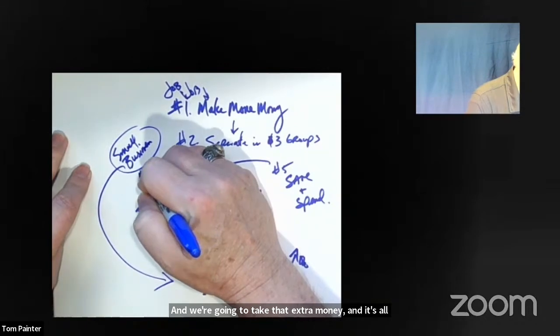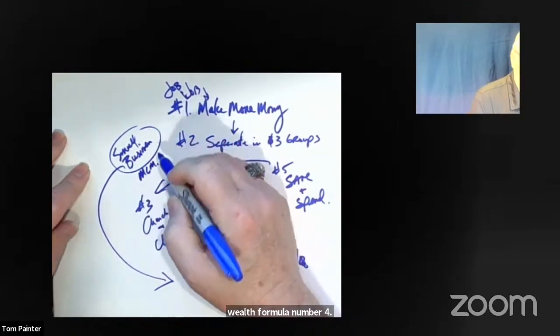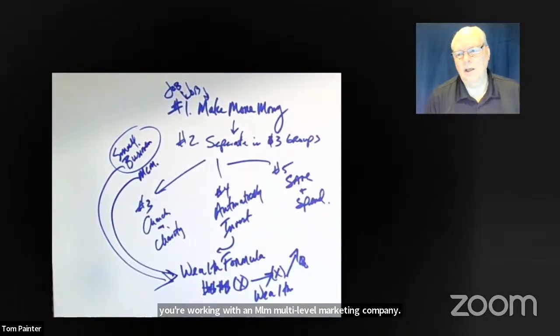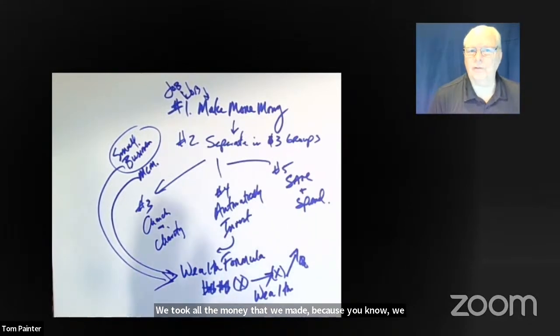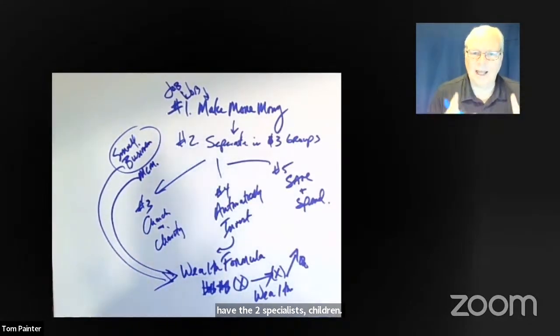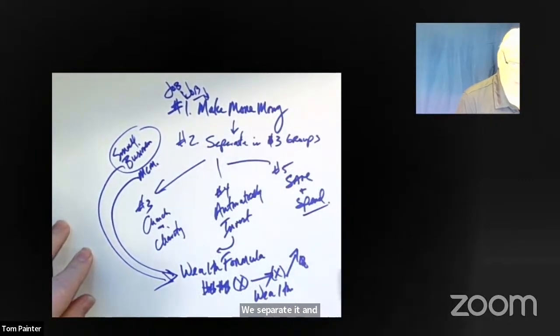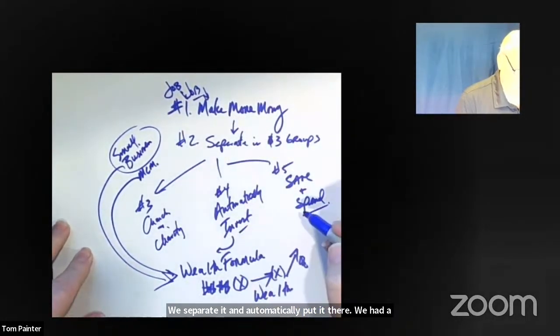If you're working with an MLM, a multi-level marketing company, we took all the money that we made, because we have 2 special needs children, and we put it down into the wealth formula. We separated and automatically put it there. We had a job that made us enough money to live, and that money came in and we did some automatic investing.